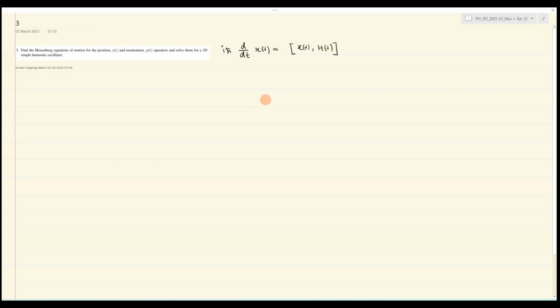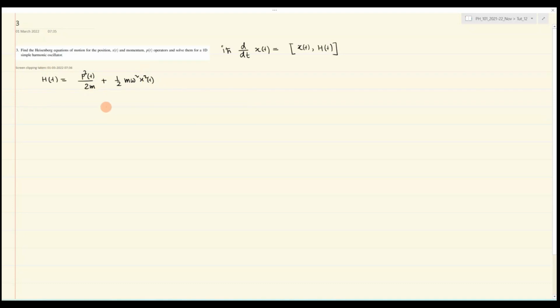This is the Heisenberg equation for x. Now you know what H is: H is equal to p square by twice m plus half m omega square x square for SHM.